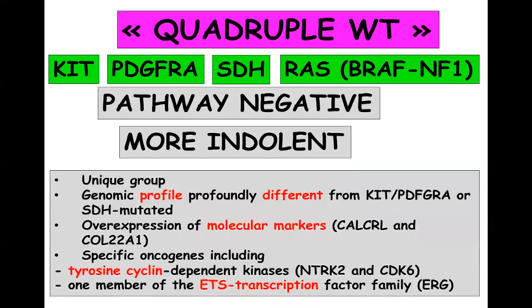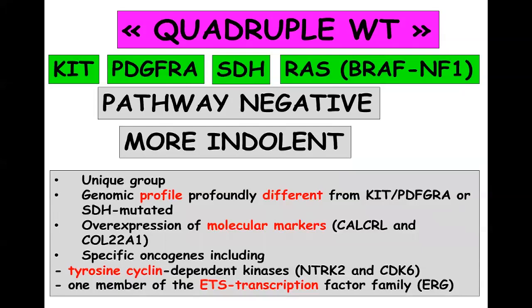A new entity is a quadruple wild type with KIT, PDGFR alpha, SDH, and RAS, but also BRAF NF1 pathway negative. It is a more indolent subtype.